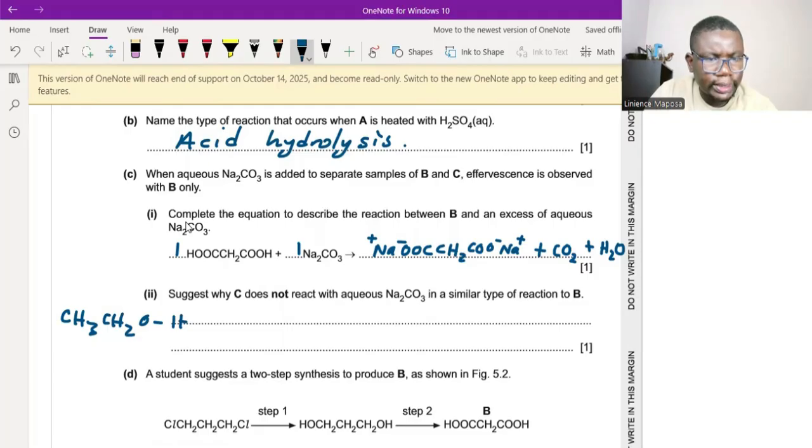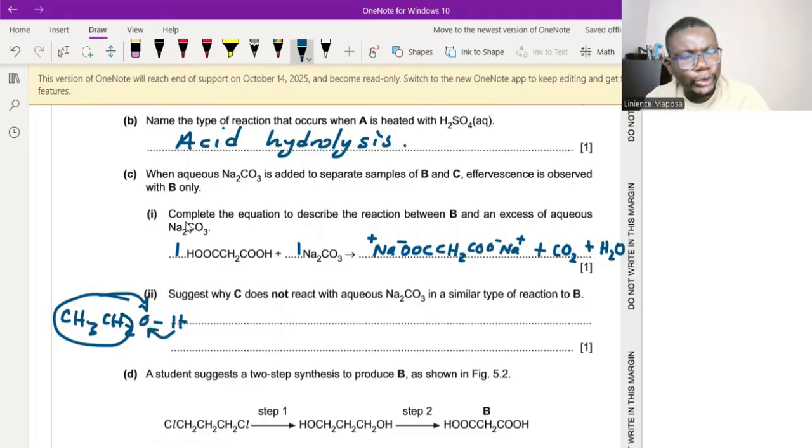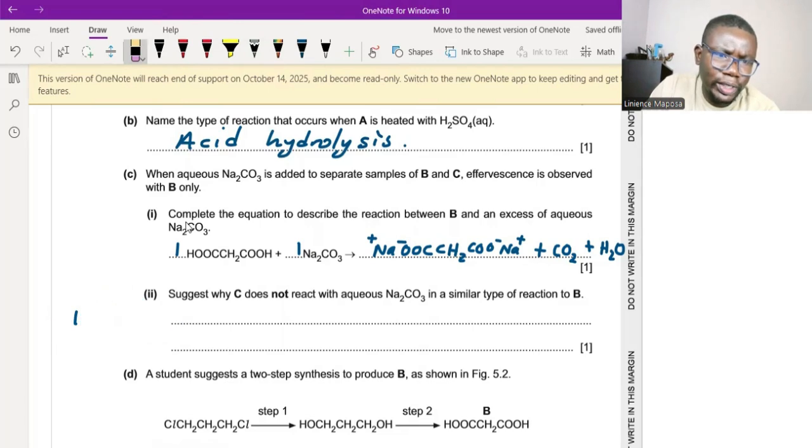So this pushes electrons, increasing the electron density on the oxygen. Therefore, this hydrogen is strongly attracted to that oxygen, so it doesn't want to go. So ethanol is very much not acidic. It's not a good acid compared to carboxylic acid because the hydrogen is tightly held.